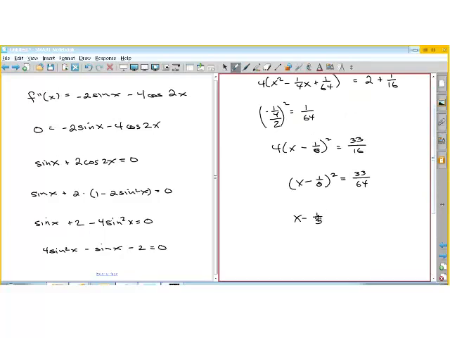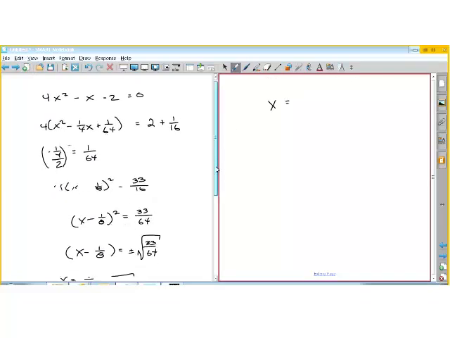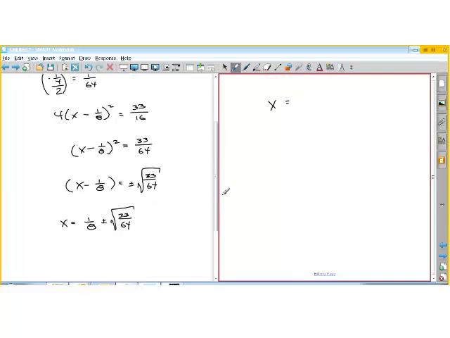Take the square root to get x minus 1/8 is equal to plus or minus the square root of 33 over 64. So x is equal to 1/8 plus or minus the square root of 33 over 64.